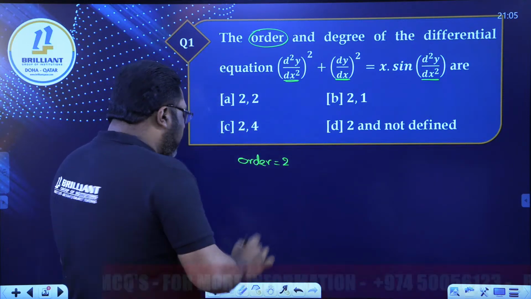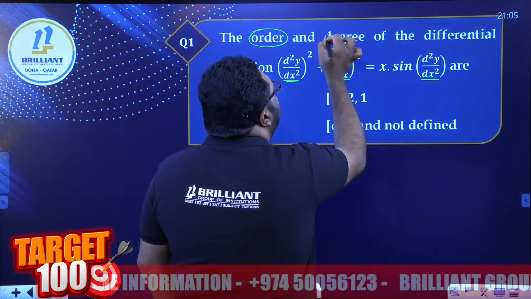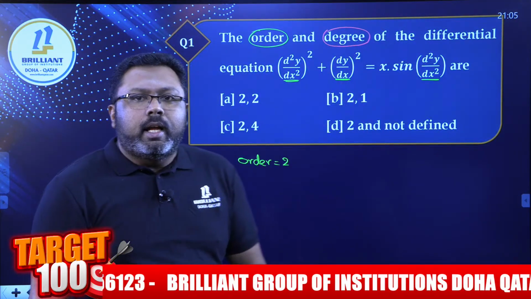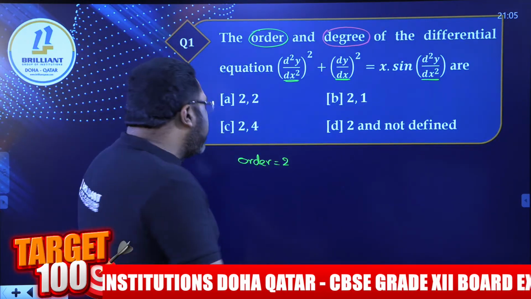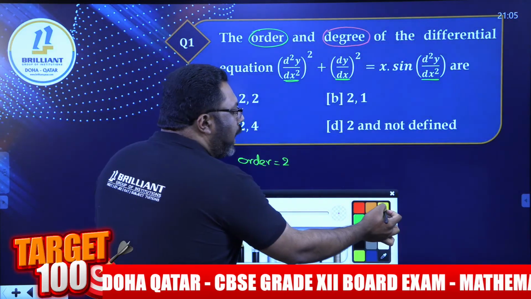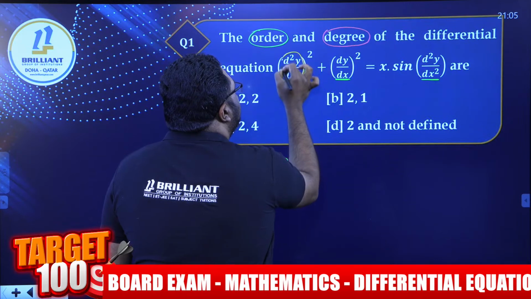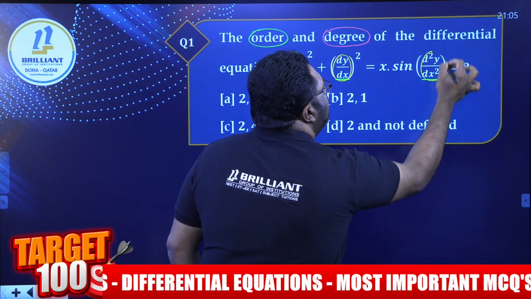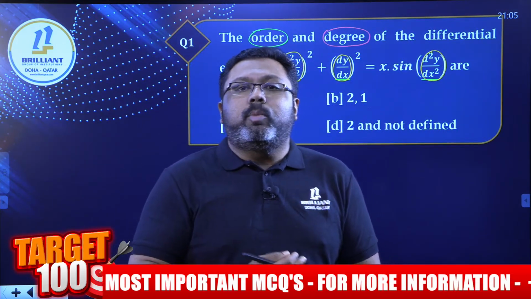Now, degree, you should be careful. Degree cannot always be stated very fast. You should make sure that all the differential coefficients, meaning the derivative forms in this question, are in polynomial form, inside polynomial functions.